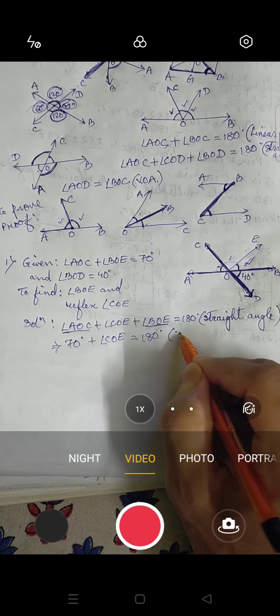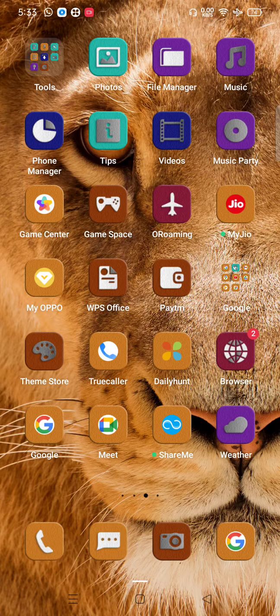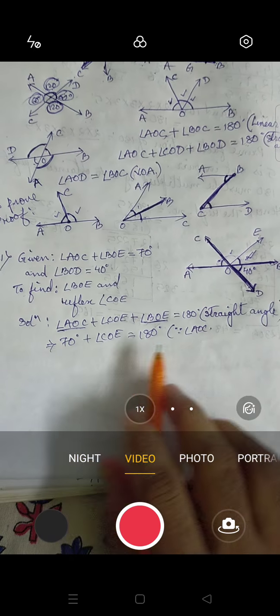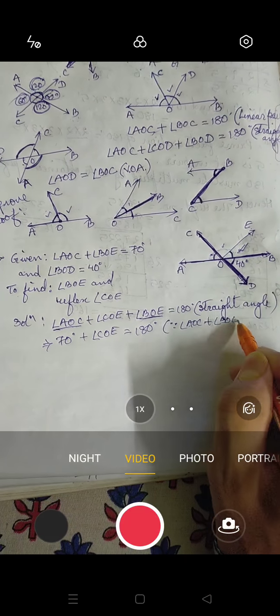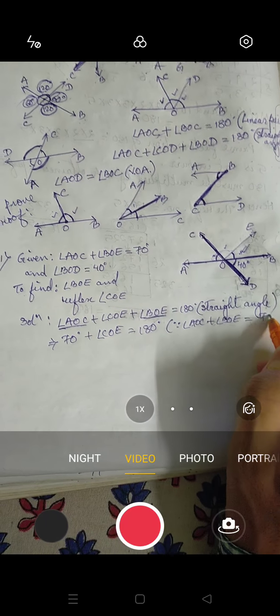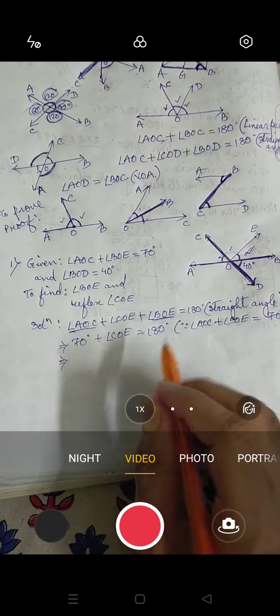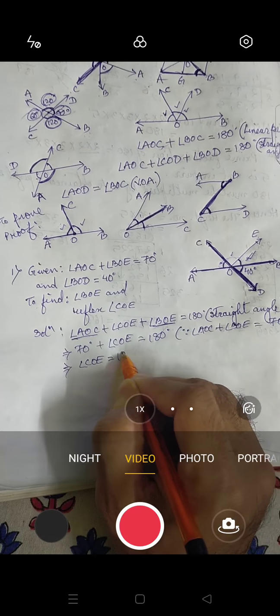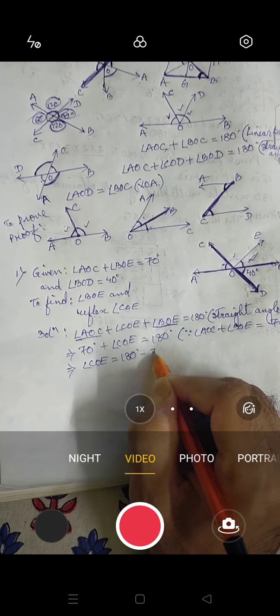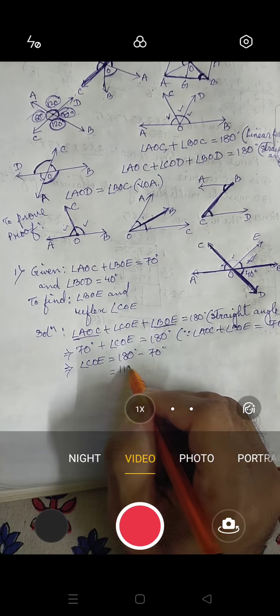Here you have to write, since angle AOC plus angle BOE equals 70 degrees. Now this 70 will transfer to the other side. It will become angle COE equals 180 degrees minus 70 degrees. Now this will become 110 degrees.